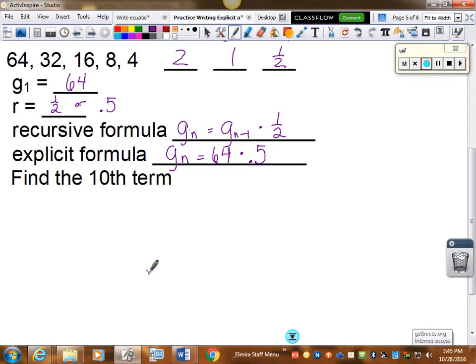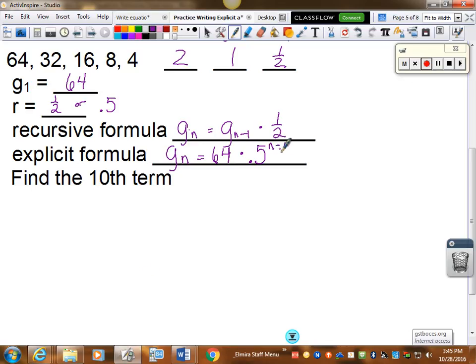Now I will say that if your fraction would be a repeating decimal, like if it's divide by 3 every time, I would discourage you from using the decimal, because 1/3 is a repeating decimal, and that's a pain to type into the calculator. You have fraction ability on the graphing calculator, use it. Alpha y equals, make your fractions and use them. Okay, so 0.5 to the n minus 1 power.